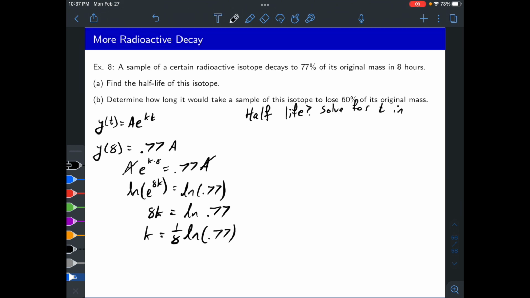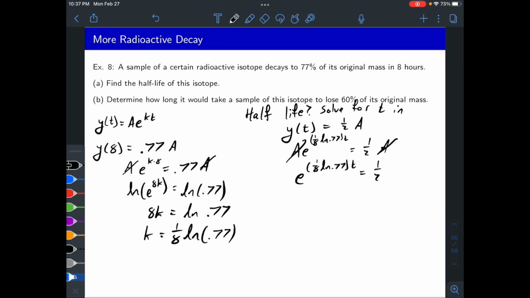So we really just need to solve for t in the equation y of t is equal to half of that original amount a. So a e to the kt equals 1/2 a. And k is 1/8 ln of 0.77, that's times t. And then we could, of course, get rid of that a. So e to the 1 over 8 ln of 0.77 t is equal to a half.